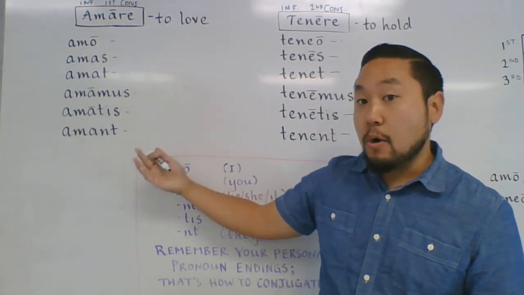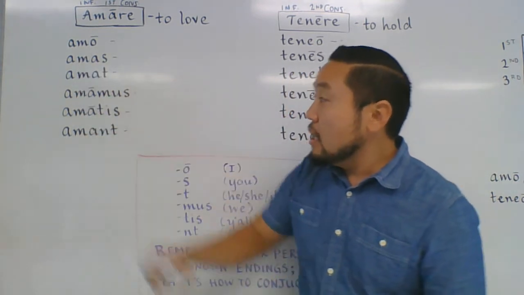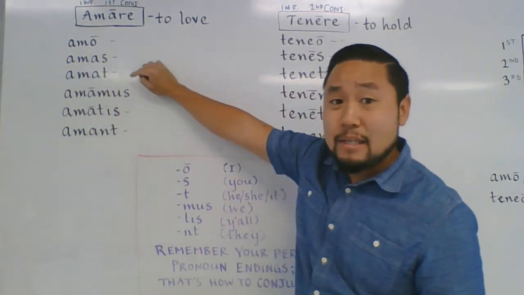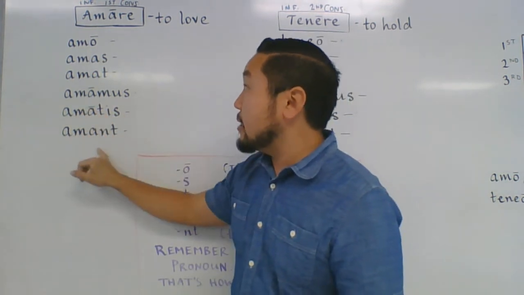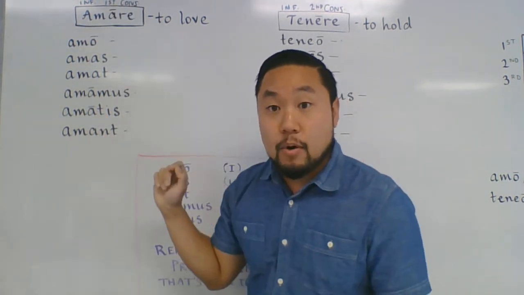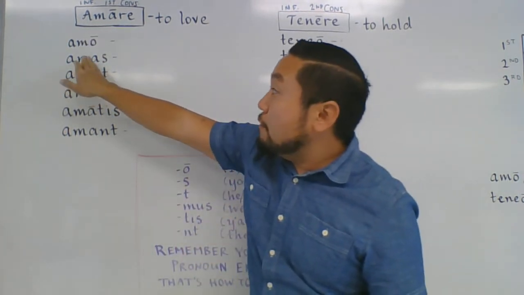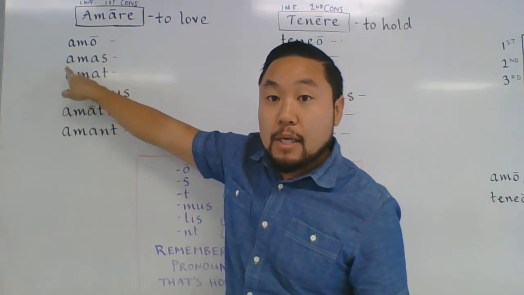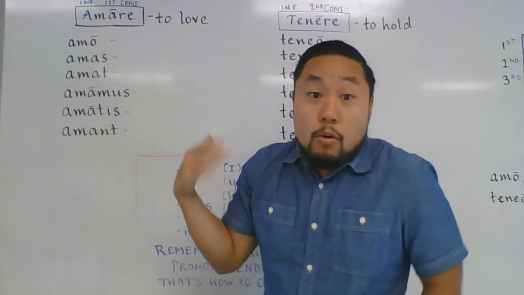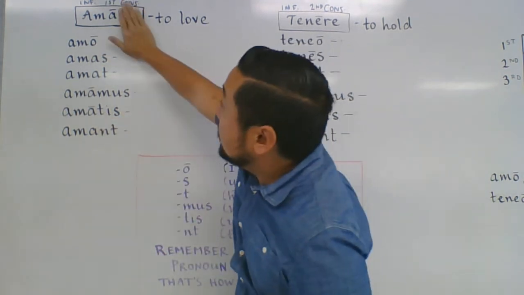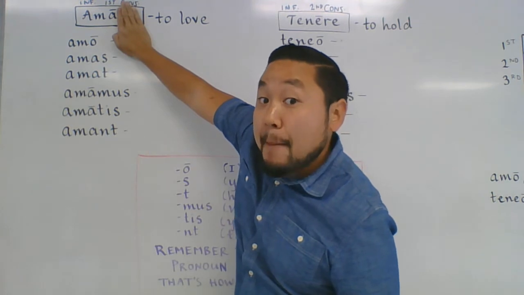To figure out what's going on here, you need to see that all of these forms have slightly different endings, but the beginning does match the beginning of the infinitive form. With the exception of amo, this first one, all of the rest of them have these three letters, A-M-A, which comes from here. In other words, what we had to do was remove this R-E to give us the stem of the verb.